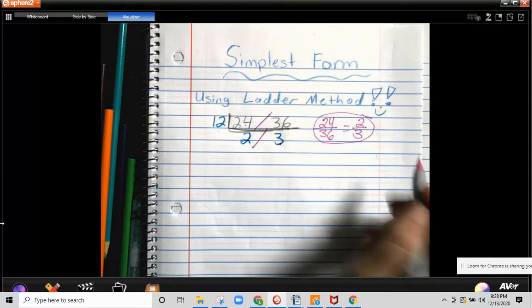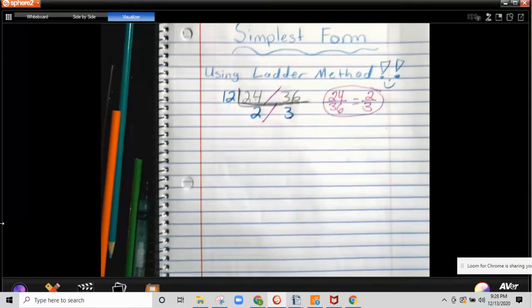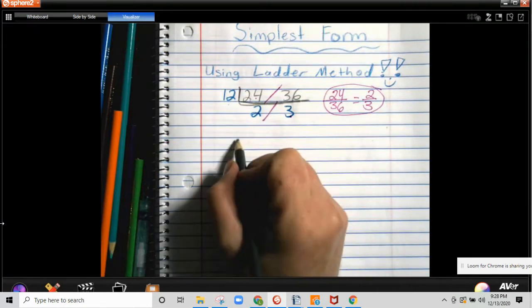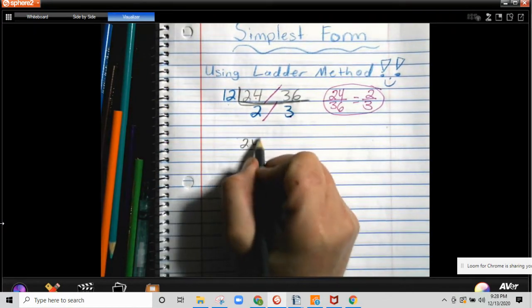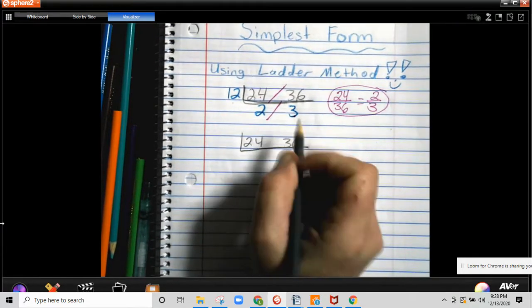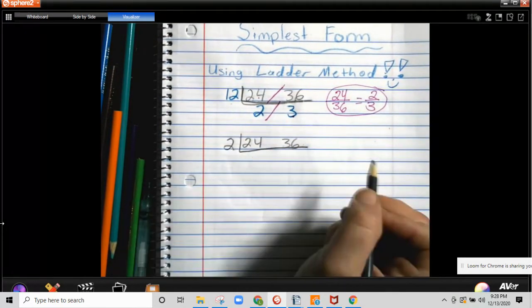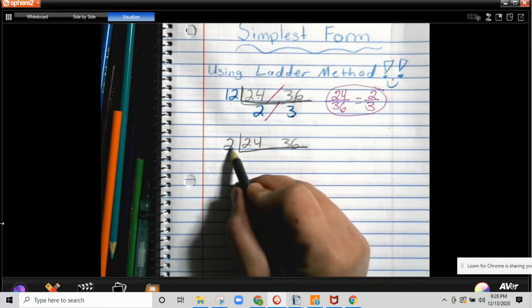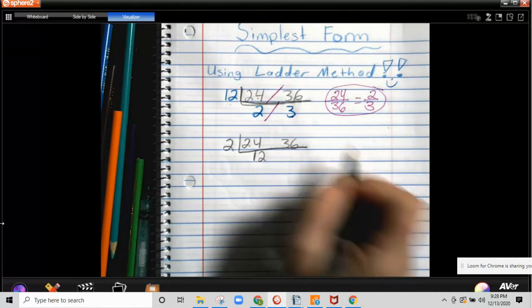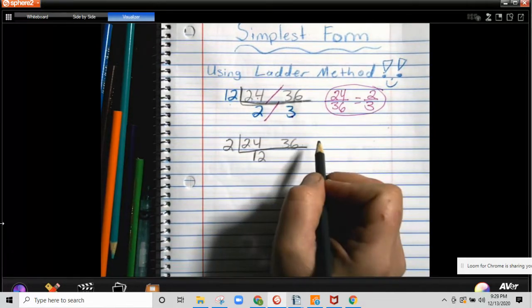Easy peasy. Now, what if you pick 2? What if you said 24/36, and what if you knew that as 2? Well, that's cool. Let's do that. 2 goes into 24, well, I know that 12 times. What about 2 into 36?